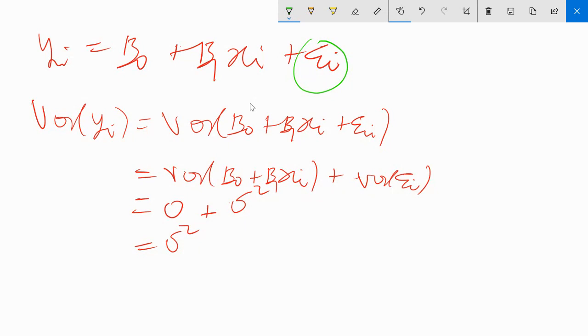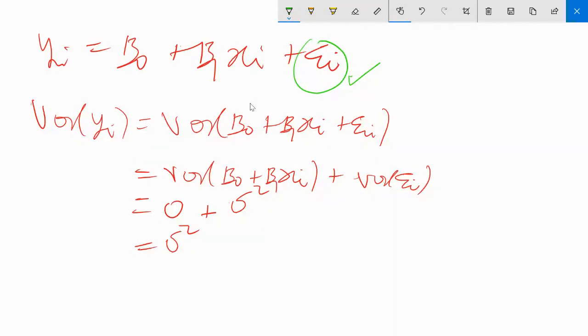And yi is a linear function of a normally distributed random variable, because this is a normally distributed variable. And because of that, yi is also normally distributed. The reason why yi is normally distributed is because it's a linear function of a normally distributed random variable.